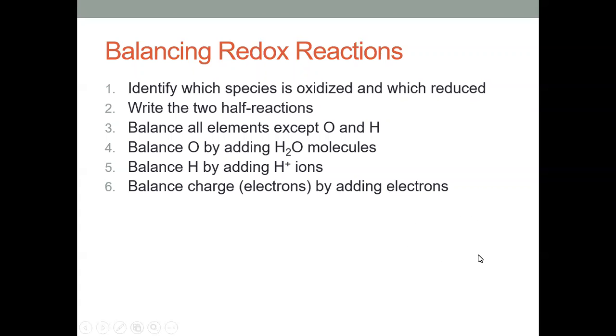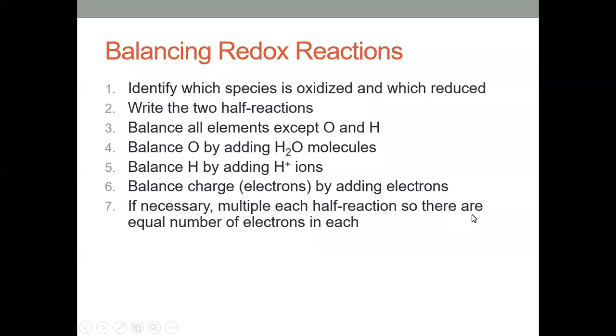Number 6, you'll balance charge. That is, you're going to balance the charges associated with the individual substituents on each species by adding electrons.